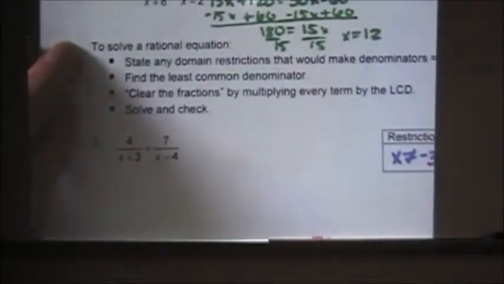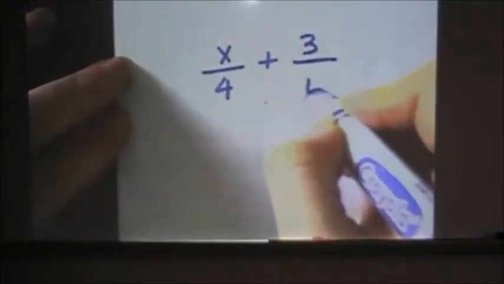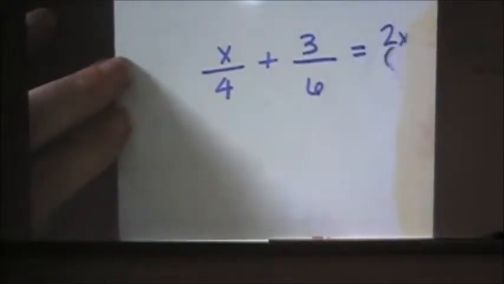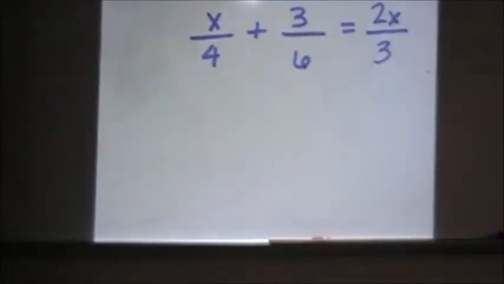Now if you don't remember, let me take just a moment to talk about clearing the fraction. Back in 8th grade, maybe you learned how to clear fractions, or at least I hope you learned how to clear fractions. You would have a problem like x over 4 plus 3 over 6 equals 2x over 3. And because we don't like to deal with fractions, we can do what's called clearing the fraction.